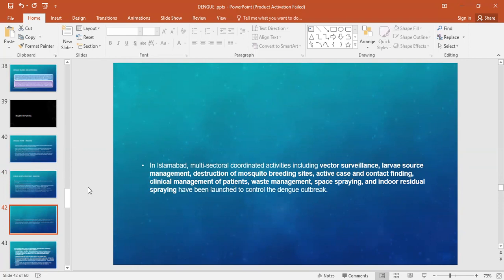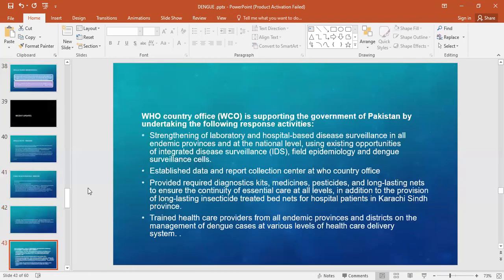The WHO country office is supporting the government of Pakistan by undertaking the following response activities: strengthening of laboratory and hospital-based disease surveillance in all endemic provinces and at the national level using the existing opportunity of integrated disease surveillance, field epidemiology and the dengue surveillance cell.